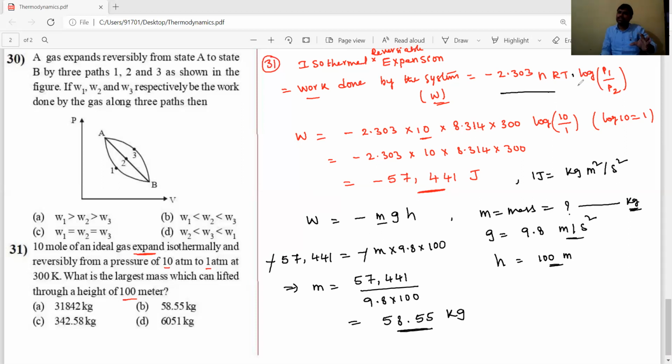Using that work, we find the mass of the object with the formula W is equal to minus mgh, where g is the gravitational acceleration, 9.8 meter per second square in SI units. Then the mass of the object comes to 58.55. So it's very important.